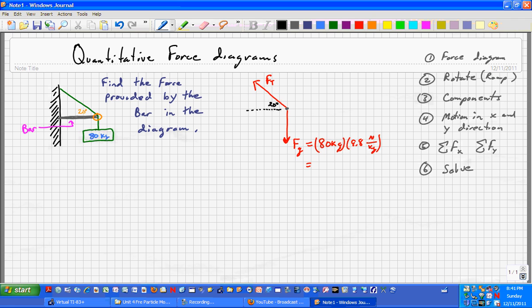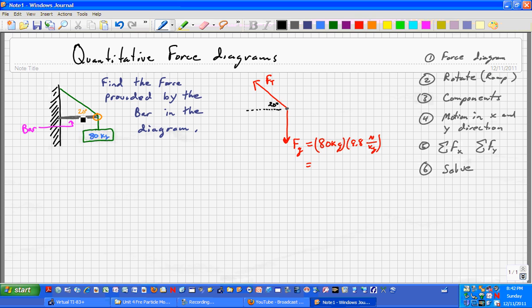And then, of course, there's the bar. Now, this bar is not pulling on this point, because if it were pulling on this point, we would think this would swing in. It's actually pushing outward on this point.